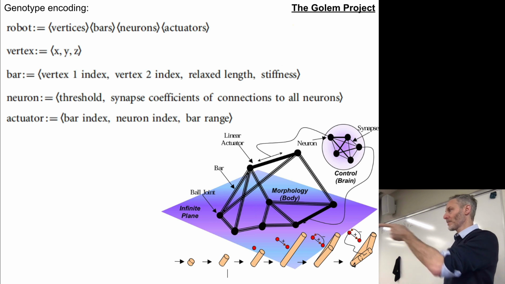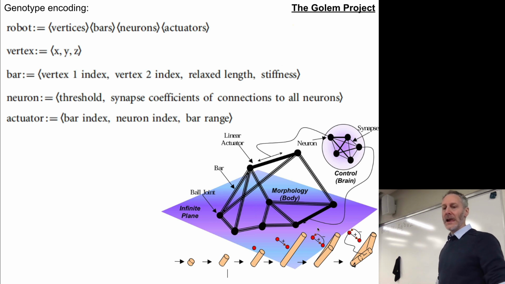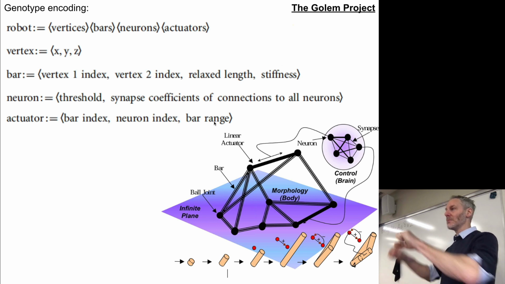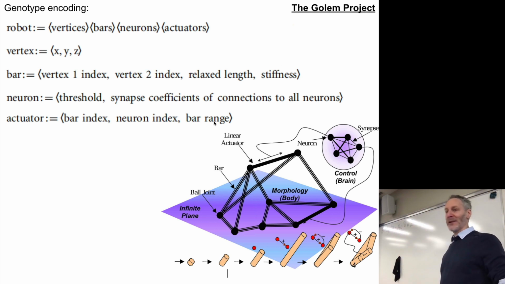Like a piston shape to it? That's just the length of the piston? The length of the piston. What is the maximum and minimum length of the bar that can be achieved by a piston that's going to sit inside the bar? So you can imagine that as you walk along the actuators list, that actuators list is going to contain a bunch of these things.